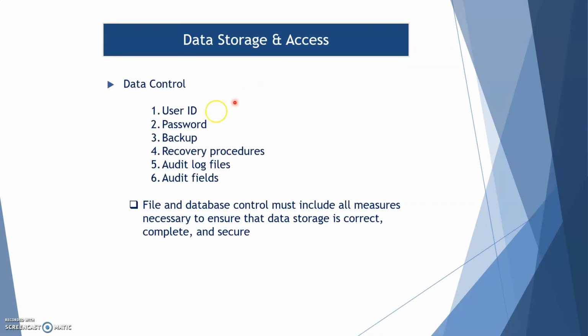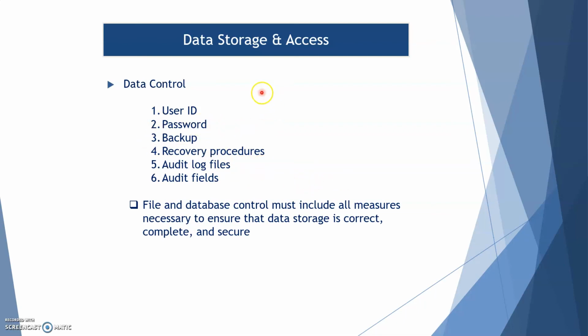So lastly, a well-designed DBMS must provide built-in control and security features, including subschema, password, encryption, audit trail files, and backup and recovery procedures in order to maintain the data.